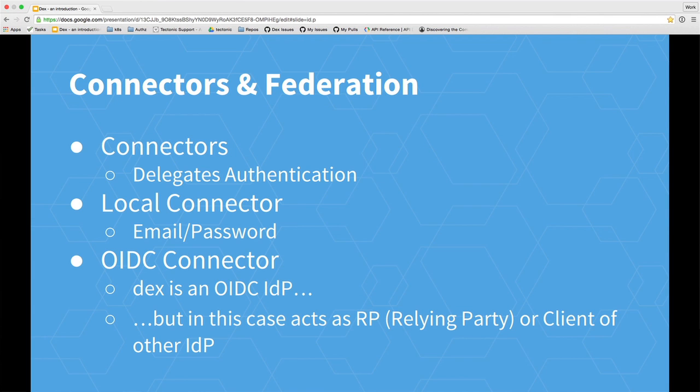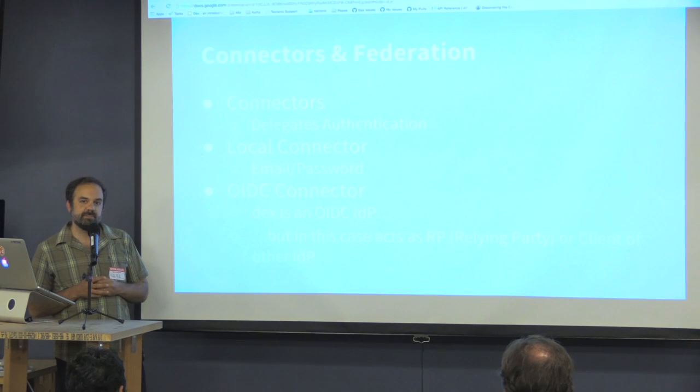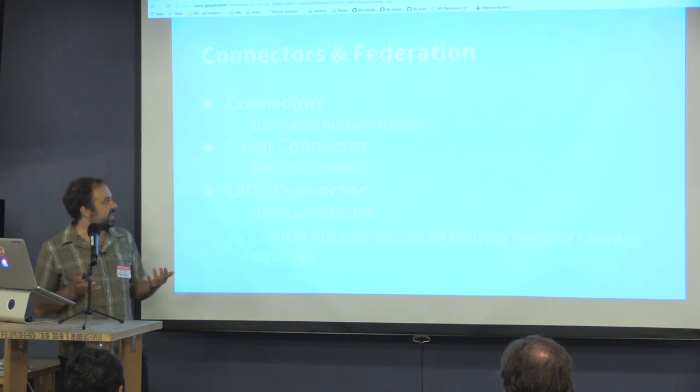So a key concept in DEX is connectors. Like you saw, you can log in either via Google or using local authentication. Connectors, which are completely configurable by the deployer, are what delegate authentication. They say how people can authenticate, and this is what lets users choose how they want to log in.